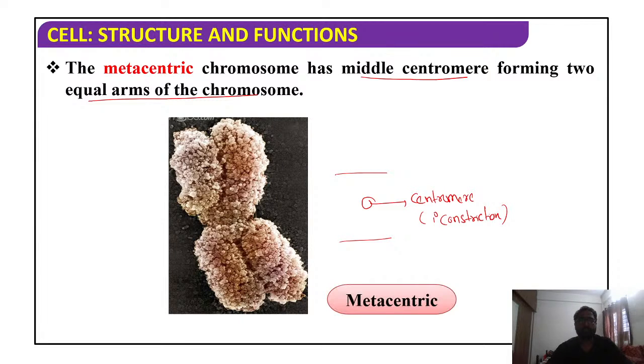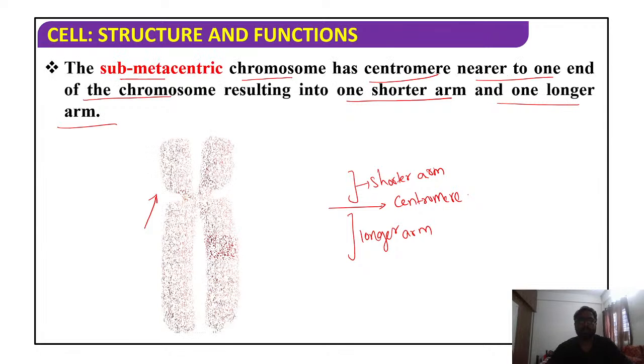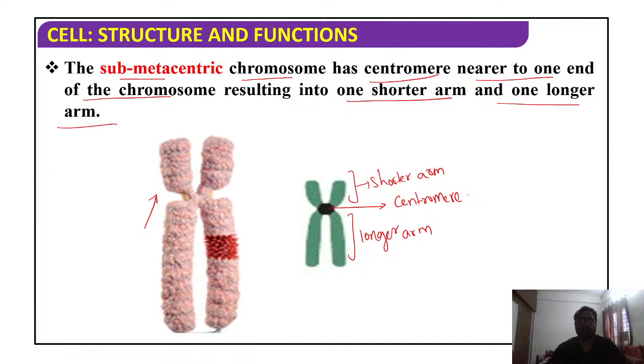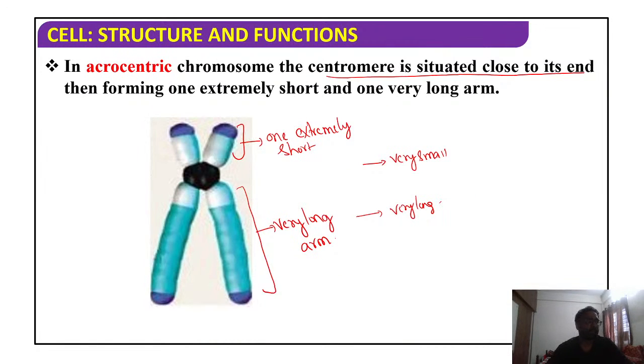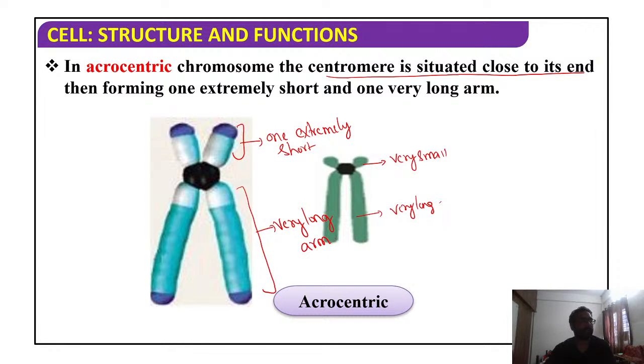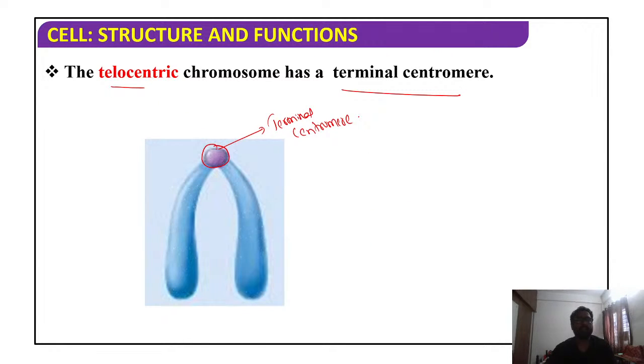In submetacentric, the centromere is near one end, resulting in one very short and one very long arm. Acrocentric chromosome has the centromere close to its end, forming one extremely short and one very long arm. Then telocentric has a terminal centromere.